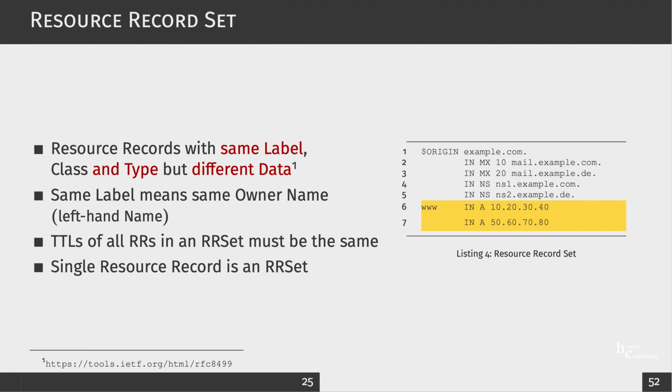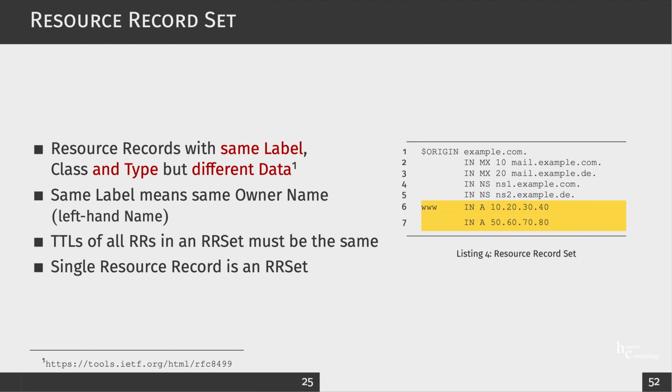So even if there are different TTLs specified for the same label with the same type but different data, in some scenarios it's the same. It's also interpreted as a resource record set. And even if there is just one single resource record, with just one single label, that single resource record is a resource record set.